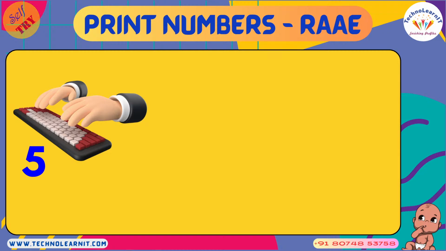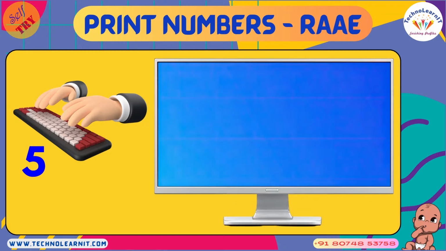So when the input given to your program is 5, the expected output is 1, 2, 3, 4, 5. Make sense? When the input is 12, the output expected is 1, 2, 3, 4, 5, 6, 7, 8, and 9.